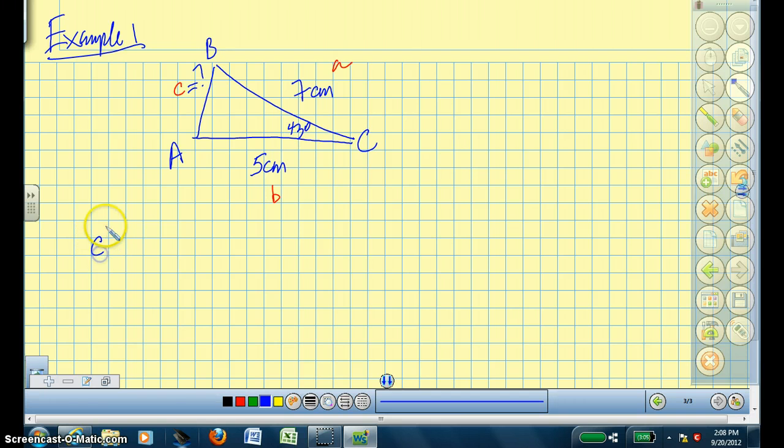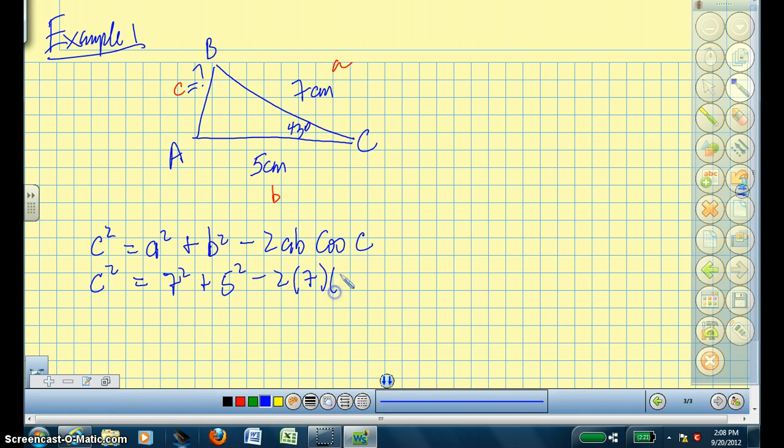So this will be c squared is equal to a squared plus b squared minus 2ab times the cos of C. C squared is equal to 7 squared plus 5 squared minus 2 times 7 times 5 times the cos of 43 degrees.